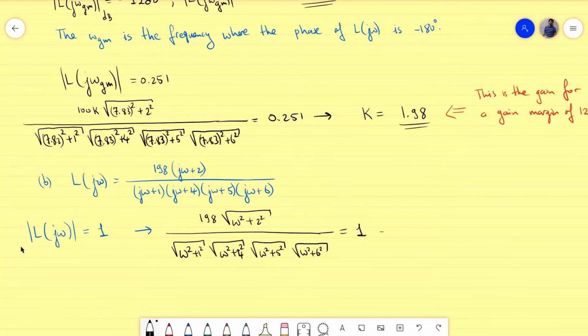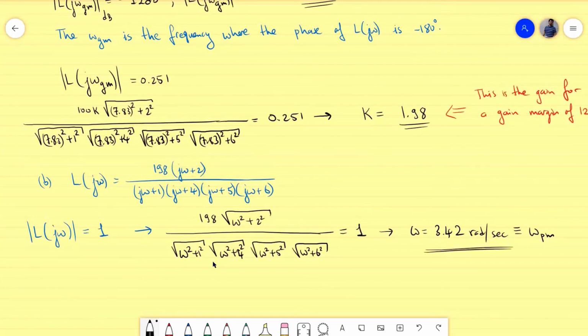Now, you can do the math here. It is not really that difficult. Just substitute that in a solver or another program. You will get very close to 3.42 radians per second, which is defined as the omega PM, the phase margin frequency.